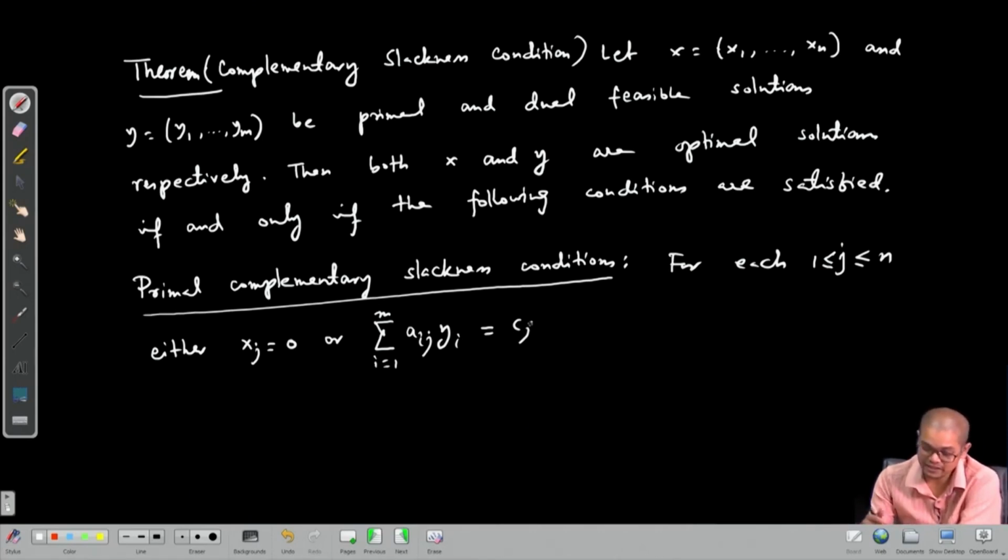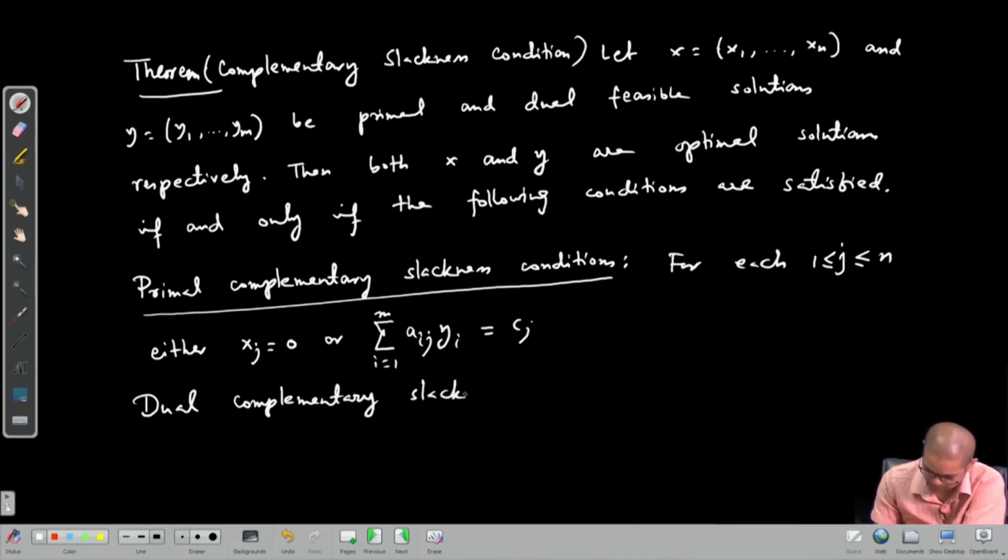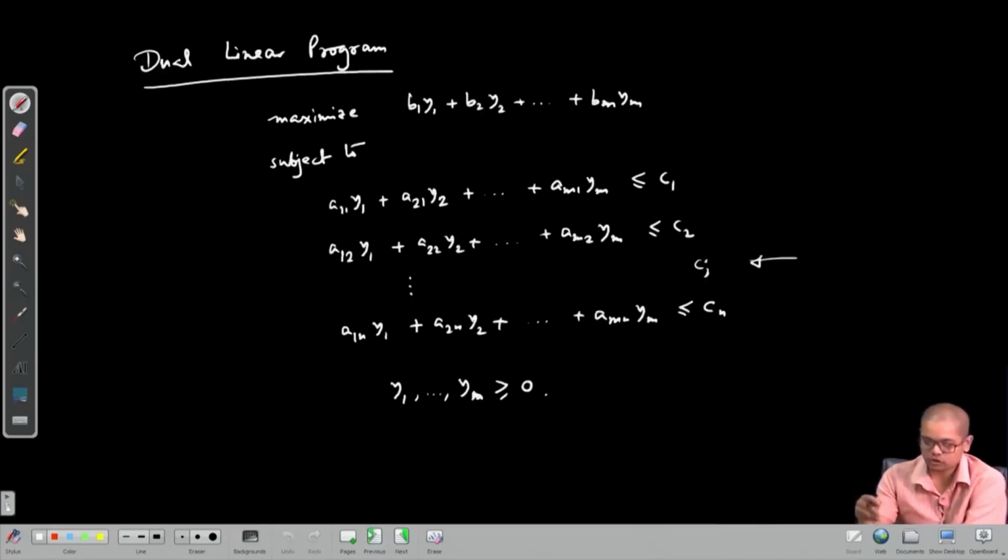These conditions should be satisfied, and also the dual complementary slackness conditions. This is because the dual of the dual program is the primal. What do I mean by that? You convert this dual program into standard form and then write its dual, and it will be the same as the primal program.